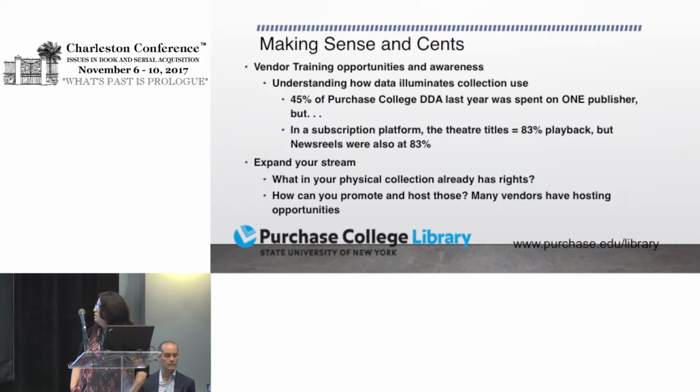And it wasn't really a surprise to me that 40% of our DDA money was spent on one publisher last year. When I say publisher, I mean Criterion Collection for us. We have a film program and a cinema studies program. And so it's no surprise that the majority of our money is spent in that particular area.